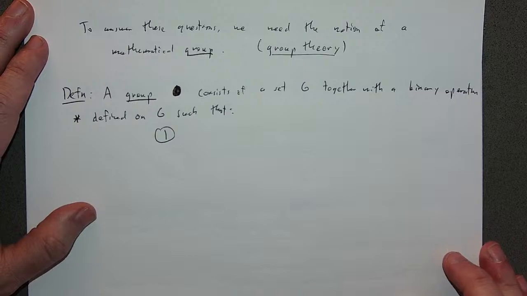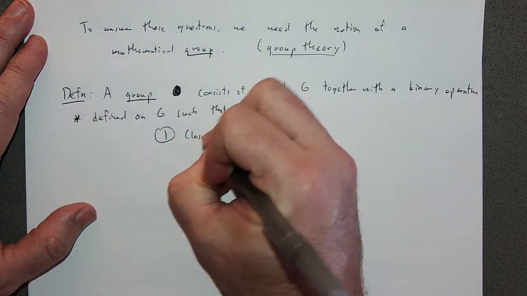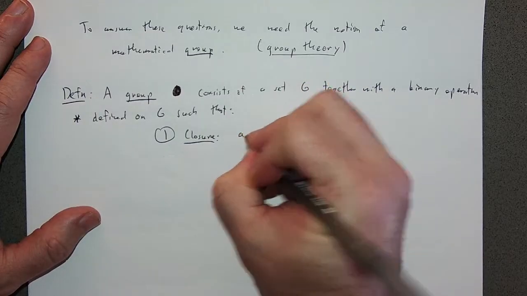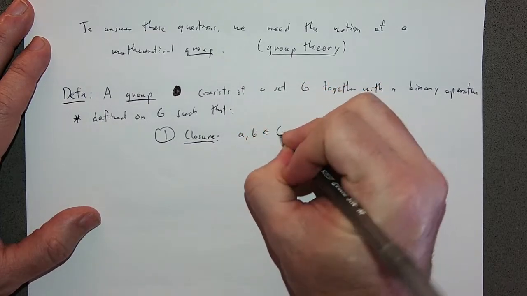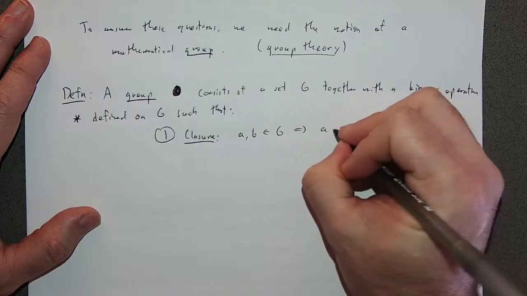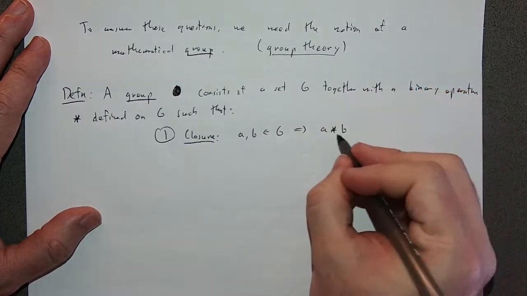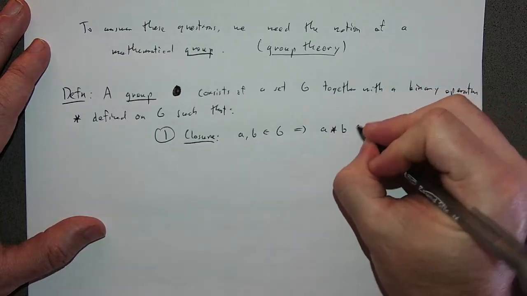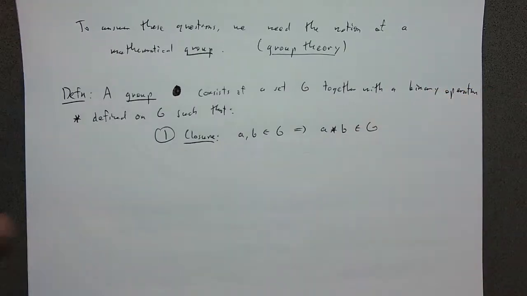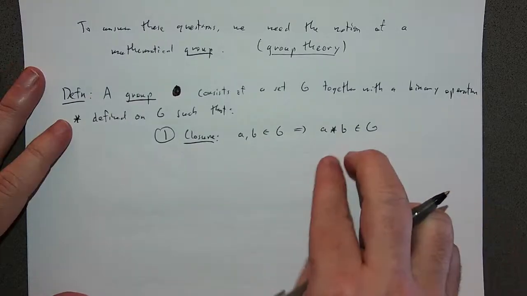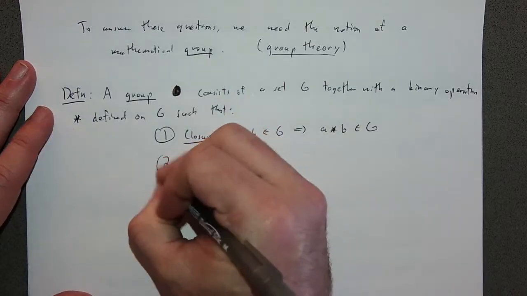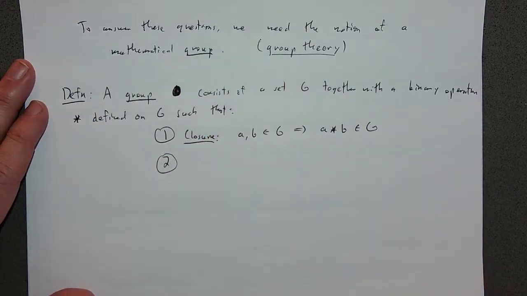One, closure. It is closed with respect to this operation. So two elements A and B are in G. That means that whatever this element is that I've defined using this binary operation, this also has to be in G. So you take any two elements, you combine them with this binary operation. A star B has to also be an element of G. It doesn't take you out of the set G.